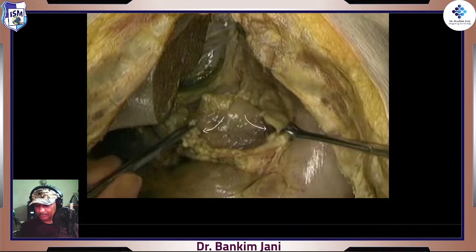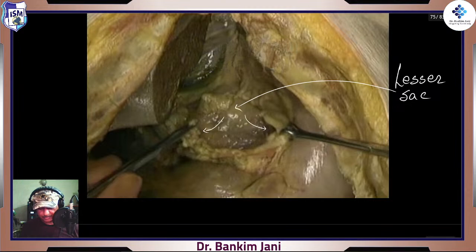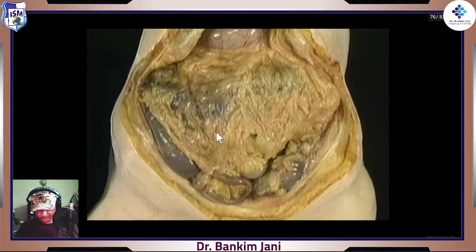That's nothing but the lesser sac. We are entering into the lesser sac. And another name for this lesser sac is the omental bursa. Omental bursa. It is just another name.